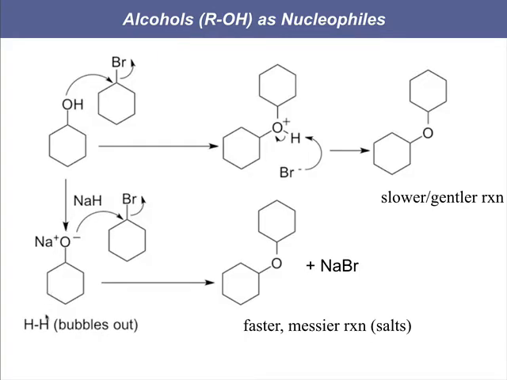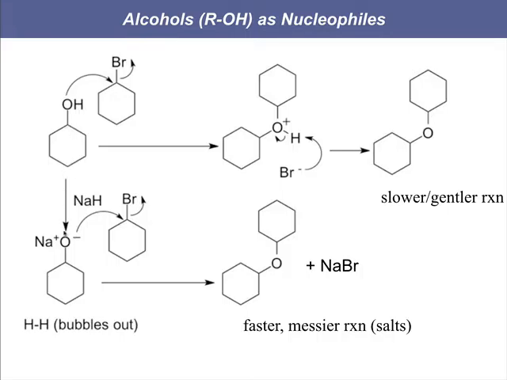The fact that one of our products bubbles out means that the equilibrium of this reaction is always being driven towards the products because we're constantly losing product. That also gives us a very strong nucleophile. So O minus is a better nucleophile than OH.